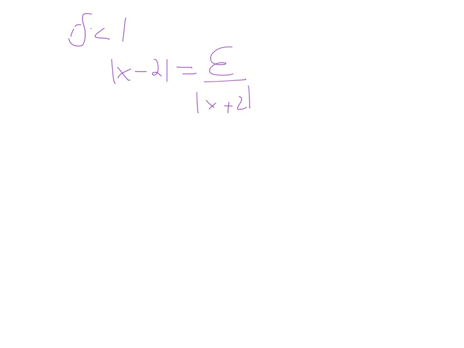And so what we're trying to do is figure out a value that we can sort of assign to the absolute value of x plus 2, because we can't have delta defined by a variable. And so if you've chosen 1, then what you're saying is that x has to be between 0 and 1 away from a.